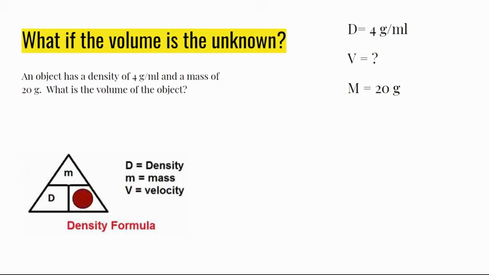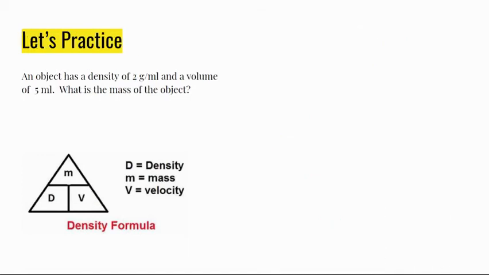So I'm going to cover up the V. So now we're left with the M and the D. And the way it is set up, it is going to be mass divided by density. So now if I plug in my numbers, my variables I know, I end up with 20 grams divided by 4 grams per milliliter. And 20 divided by 4 gives me 5. So the answer is 5 milliliters.